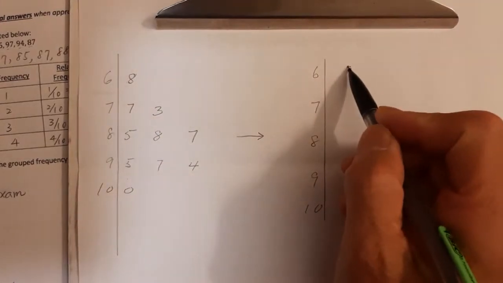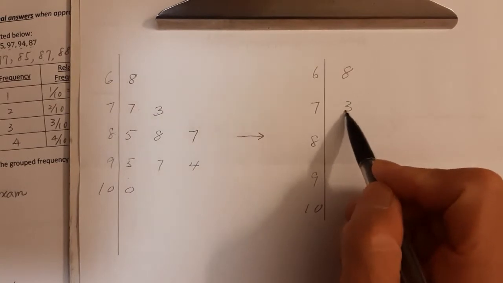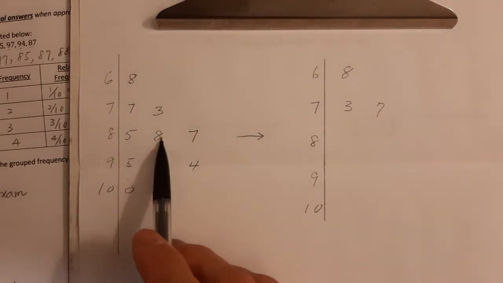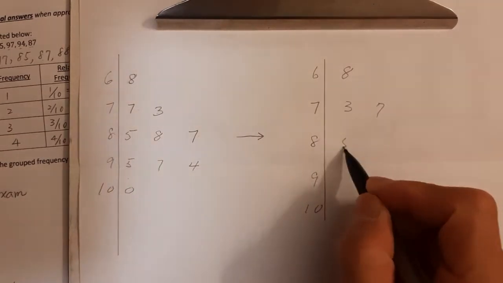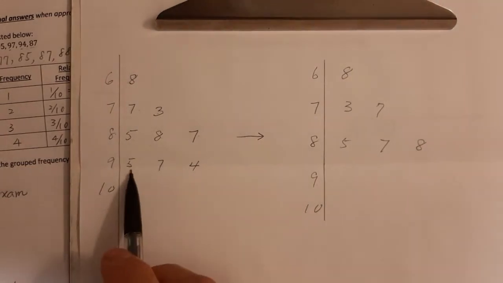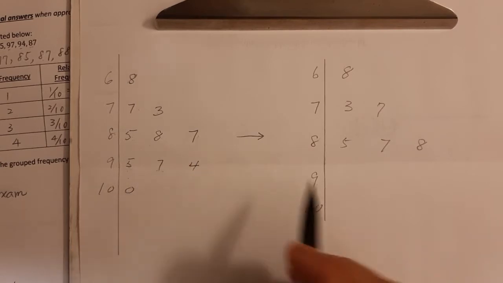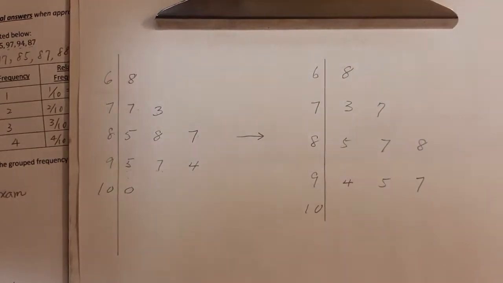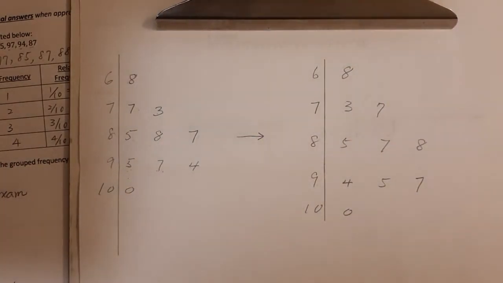And 8, 7, 3, put in ascending order: 3, 7. Then 5, 8, 7, put in order: 5, 7, 8. Next, 5, 7, 4, put in order: 4, 5, 7. Then next, 0. So this we call a stem-and-leaf plot.